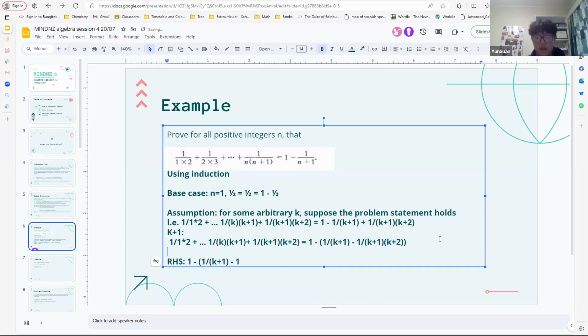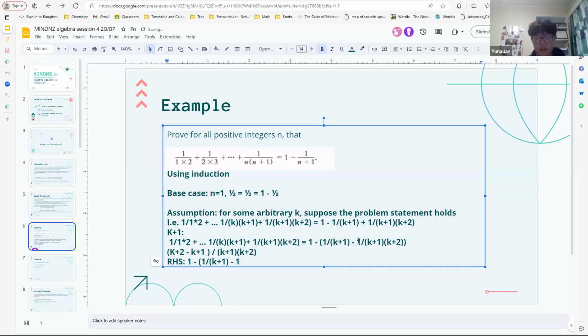You can verify that by doing k plus 2 minus k plus 1, all over k plus 1 times k plus 2.